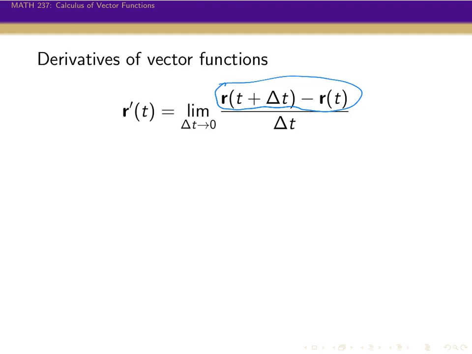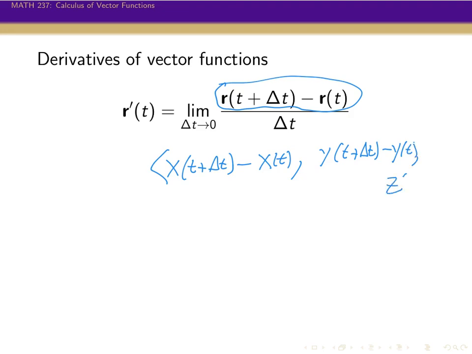So if this is in R3, this is really talking about x of t plus delta t minus x of t, y of t plus delta t minus y of t, z of t plus delta t minus z of t.